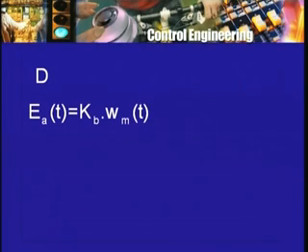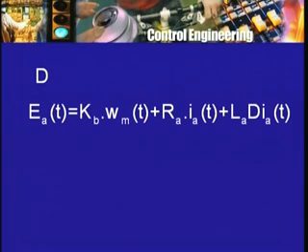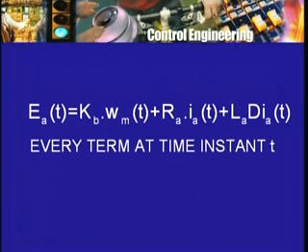So if we do that, then the electrical equation will look like EA of t equal to KB into omega m of t plus RA IA of t plus LA into the derivative of IA at time t. So everything is at every moment of time, or instant of time t. The applied voltage at a given instant of time t is the sum of these three terms.